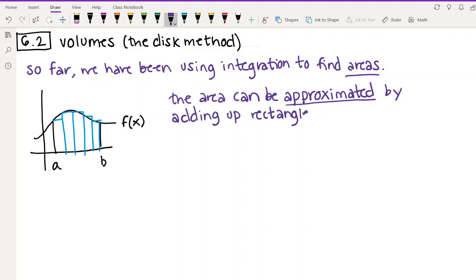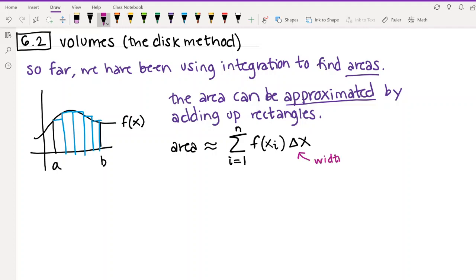So we would say that the area is approximately equal to the sum from 1 to n of f of x_i times delta x. I just want to remind you about what those different pieces mean. This delta x refers to the base or the width of each rectangle.